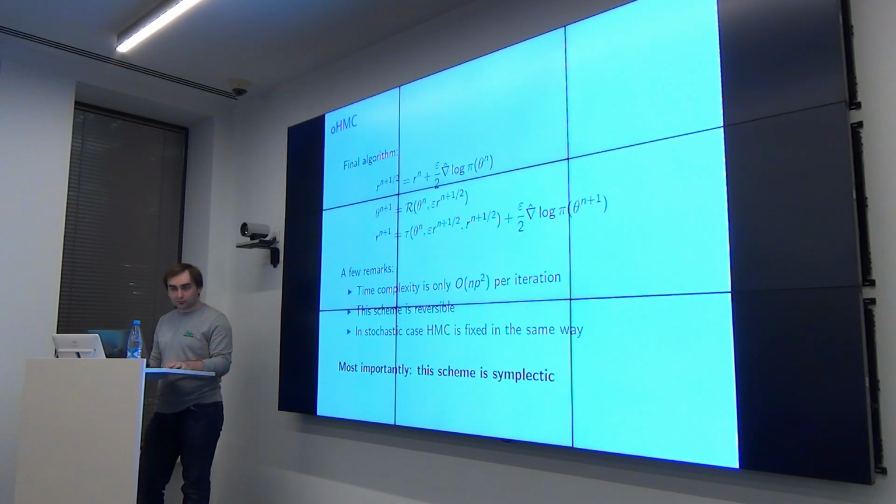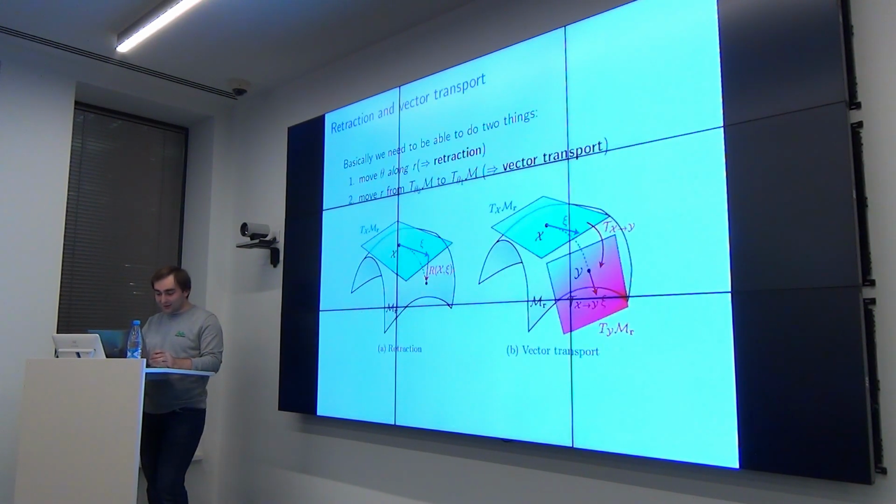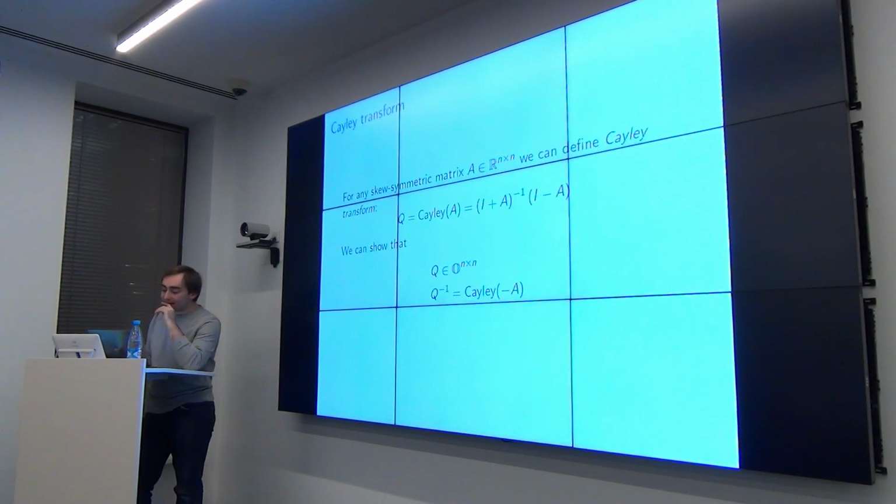I think here a good geometric interpretation would be very nice. Like, this is your theta n, and this is your theta n plus 1. And your psi is r, and here is new r. This is not exactly so.